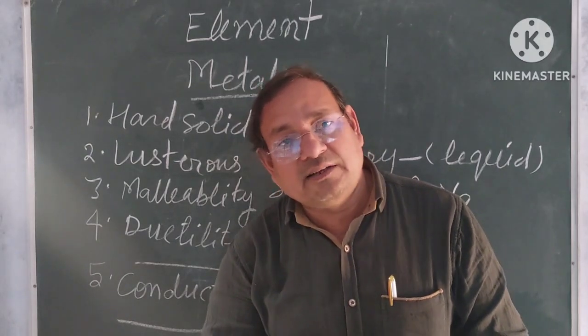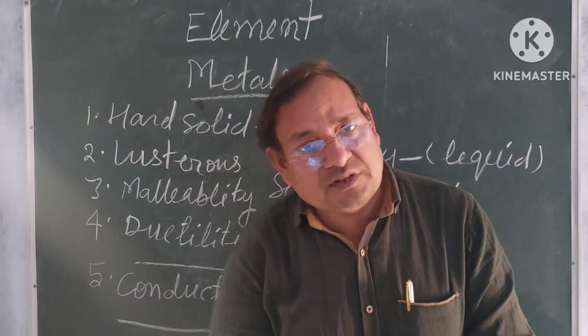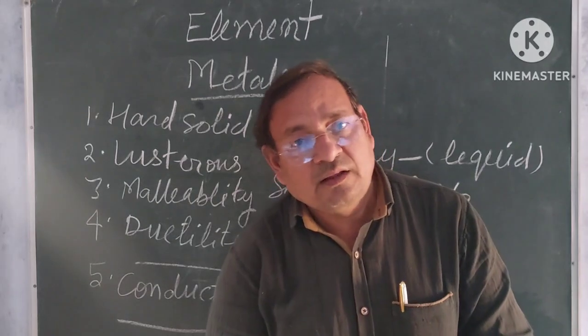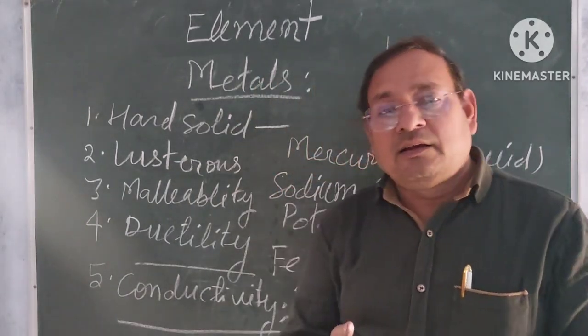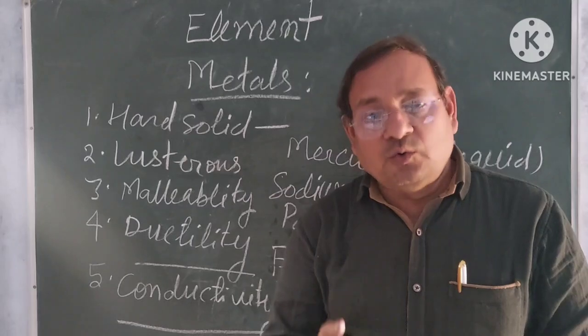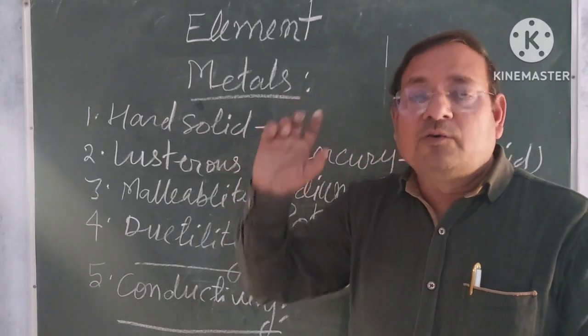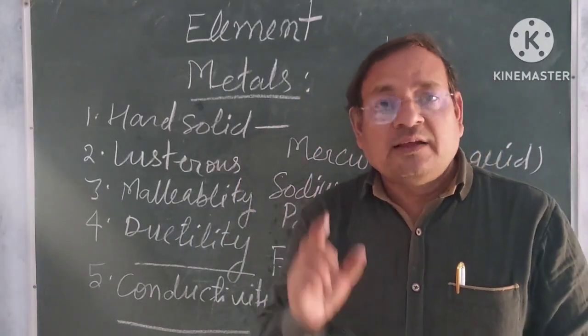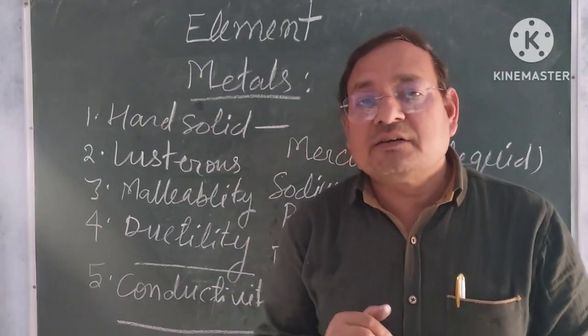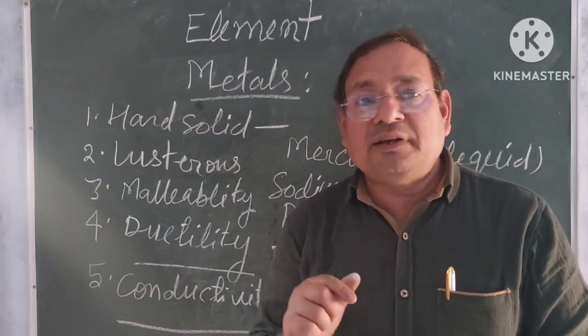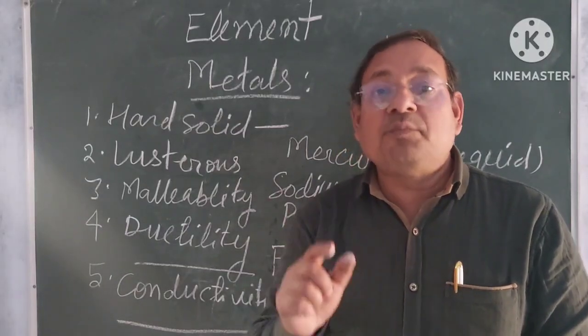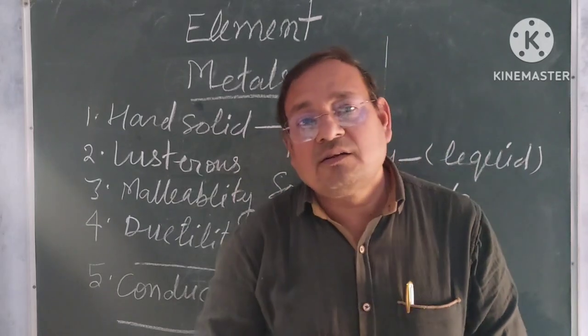Tungsten, my dear students, all of you have seen in your life the bulb. Earlier we used bulbs that glow in our homes and bear a filament. That filament is made up of tungsten.